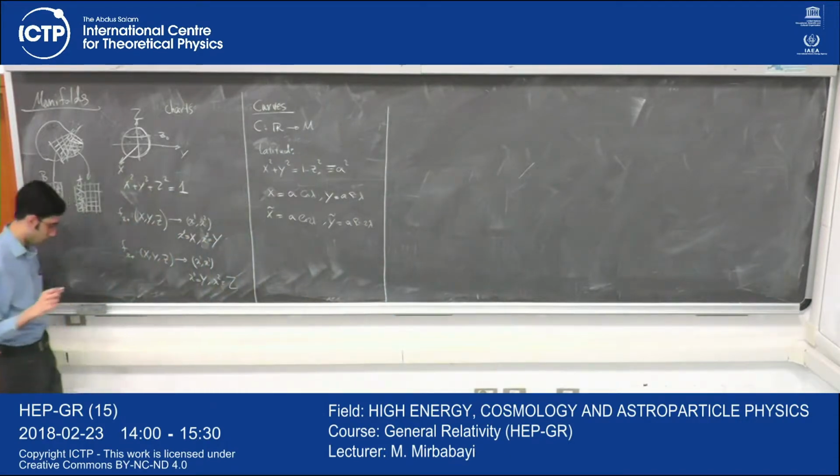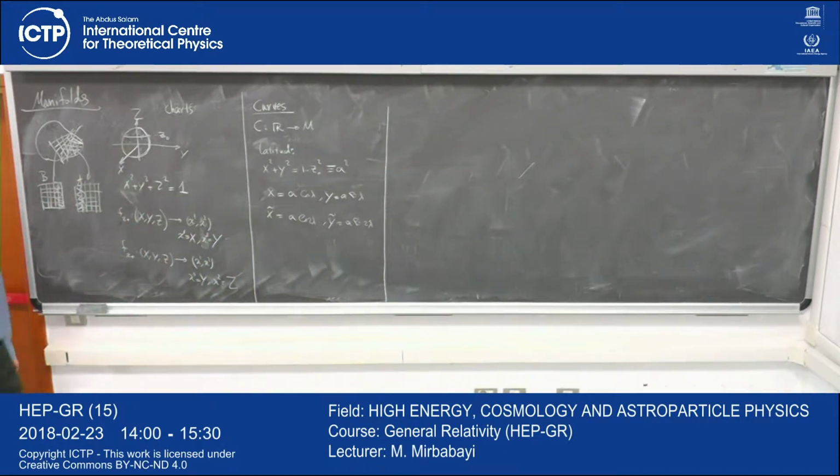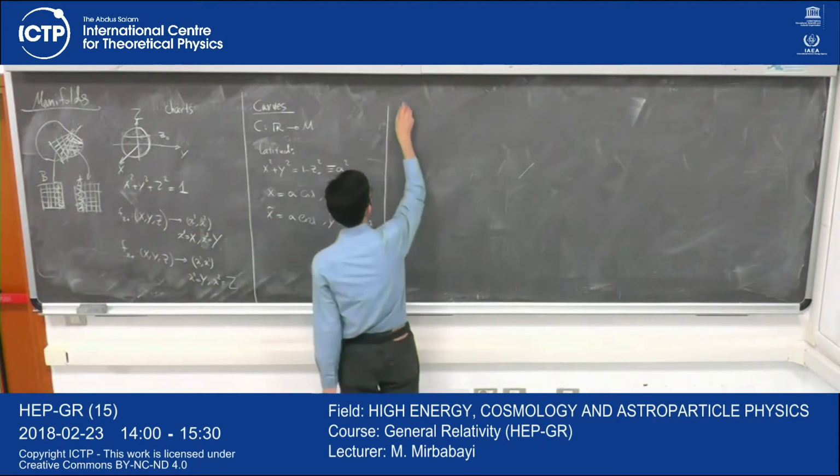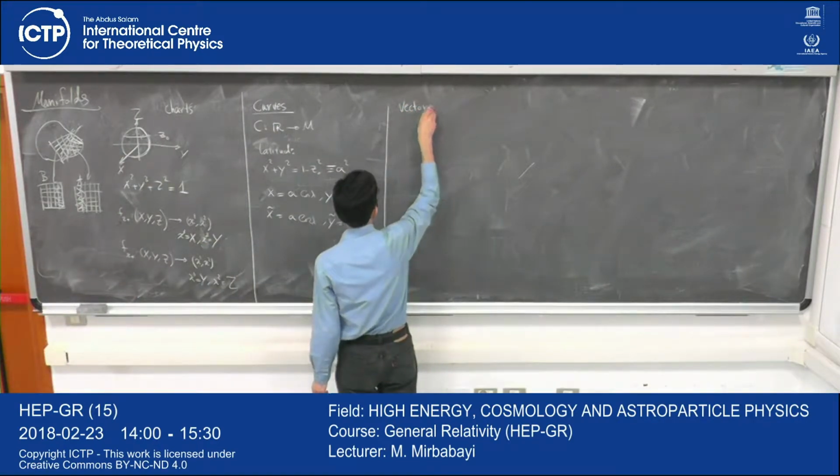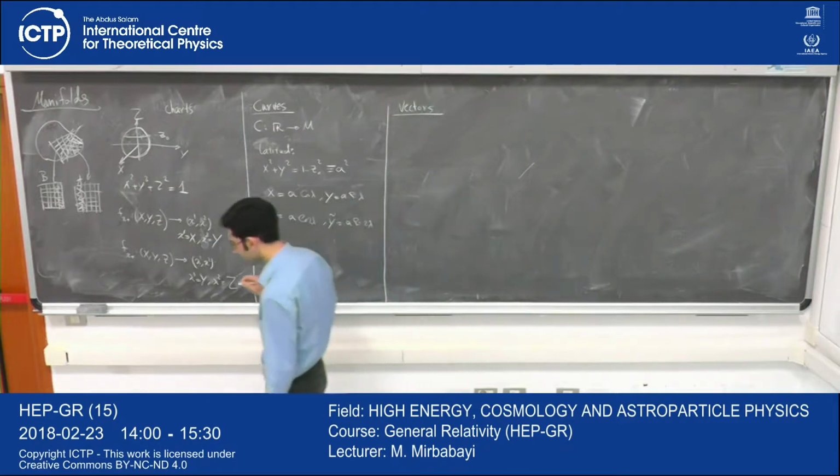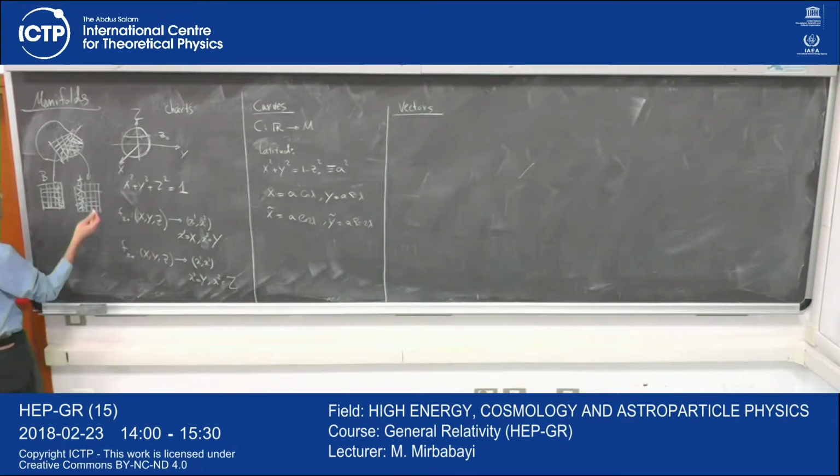But then we can talk about vectors. What are vectors? Vectors are essentially the tangents to the curves. Whenever I have a vector, it tells me that I can make one step along the vector, one infinitesimal step.